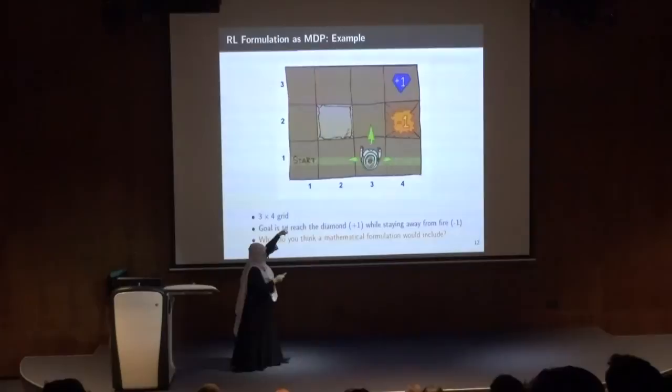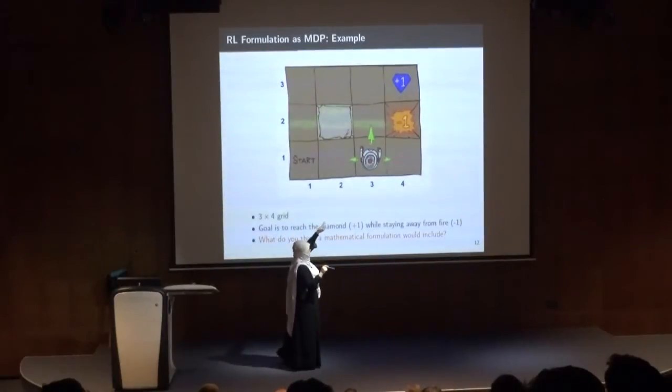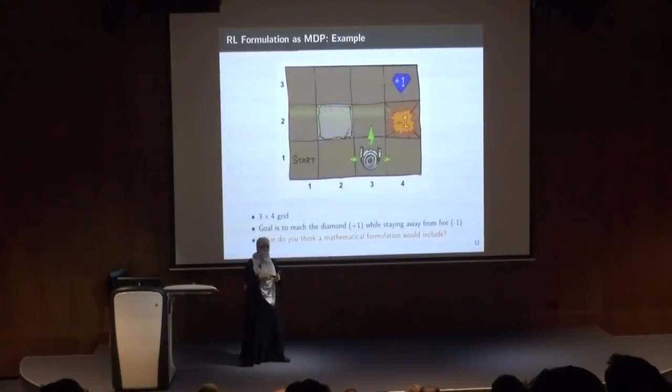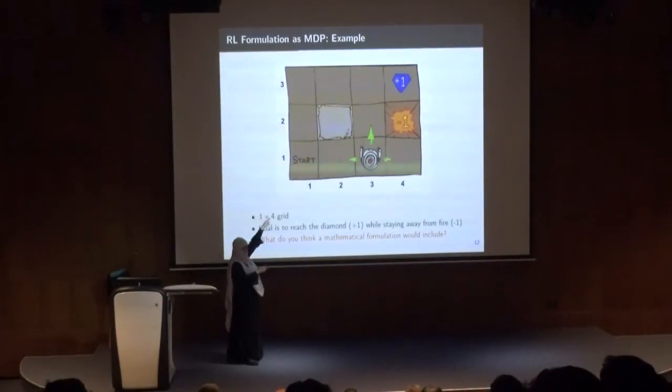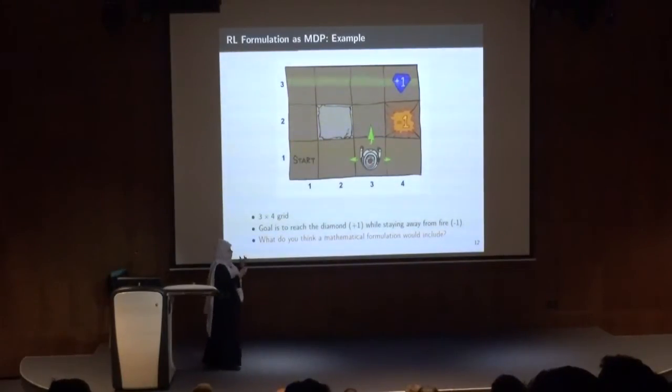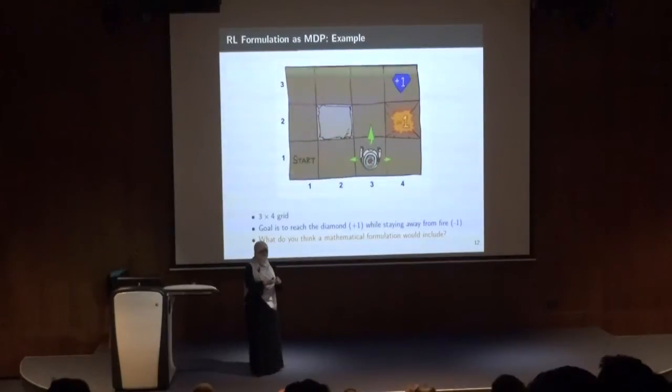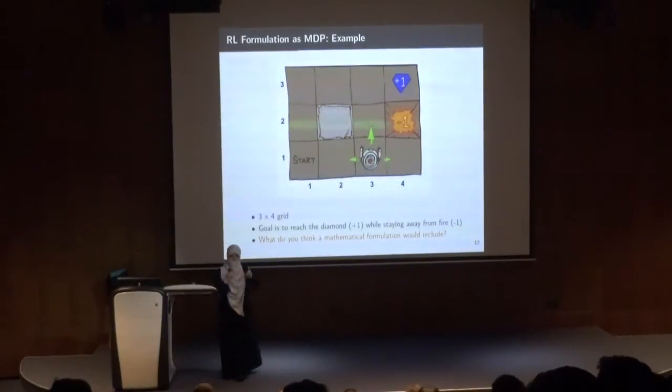And I might fall in the fire grid, for which I will receive a reward of -1. So the goal is to reach the diamond from the start while avoiding falling in the fire state. If I want to mathematically formulate this game or this problem, what do I need? What do you think I need? Given the dynamics that we talked about.